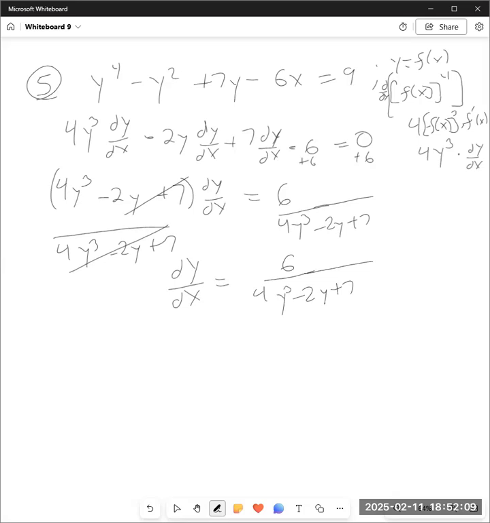So I can't find the slope here, dy dx, without knowing the y value of the point where I want to find the slope. More on that in the next video, where we're going to find slopes using implicit differentiation. But for now, we're just finding the derivative dy dx. Your teacher may tell you it's okay to use y primes.